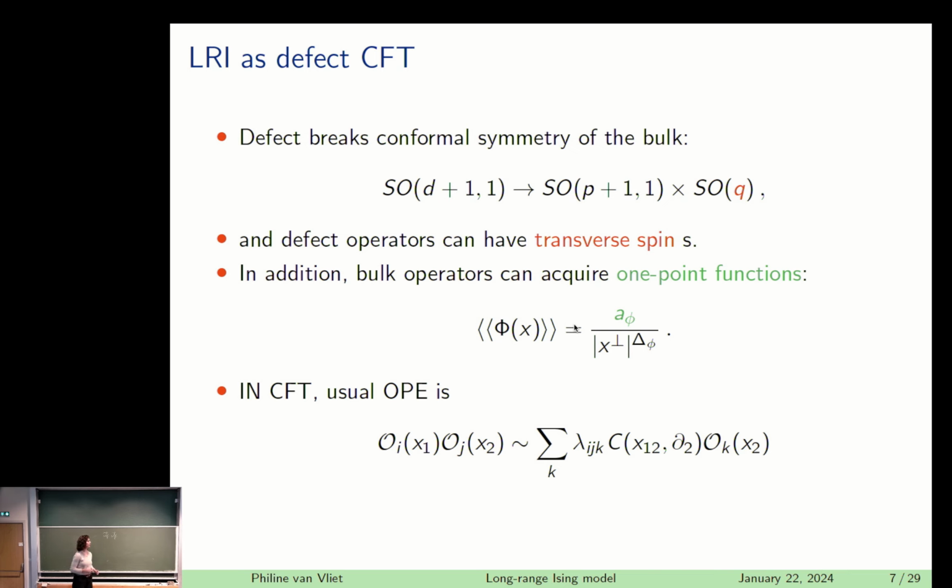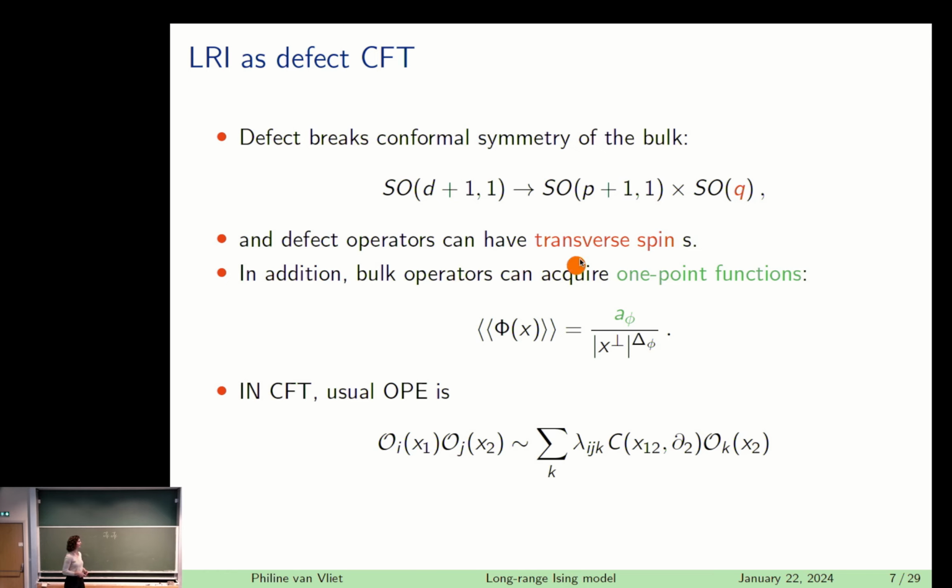So if we take a defect or a conformal defect in a conformal field theory, if it's free or not, then in general this will break the conformal symmetry of the bulk, and it will preserve, if it's a conformal defect, the conformal group SO(p+1,1) on the defect, and also the rotations around the defect. So this is this additional SO(q) symmetry. And this means that operators on the defect can also be charged under the symmetry and can have something called transverse spin that we will denote by s.